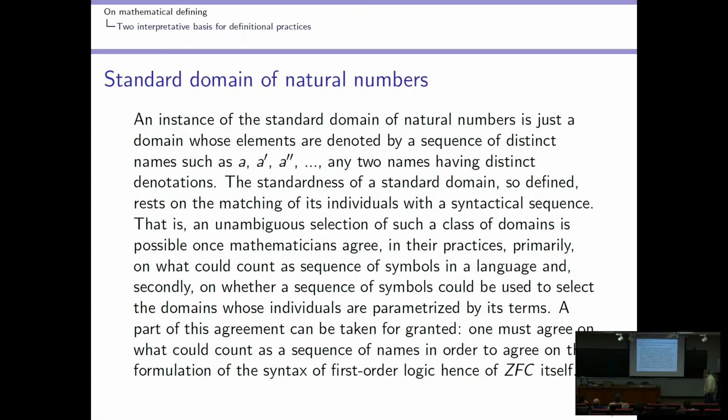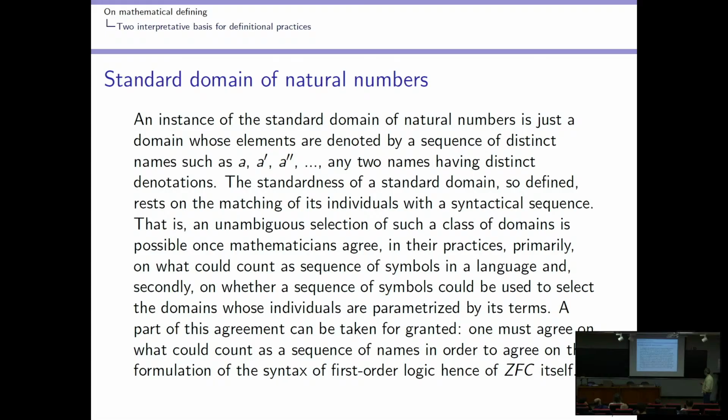That is, if we can agree on the naming schema, whether a sequence of symbols, a sequence of names, could be used to point to the domains whose individuals are named by those symbols.